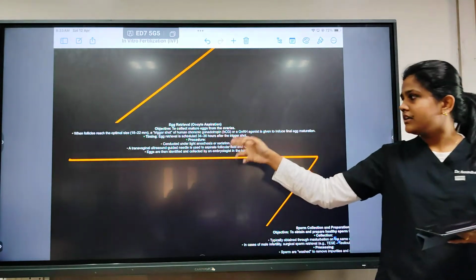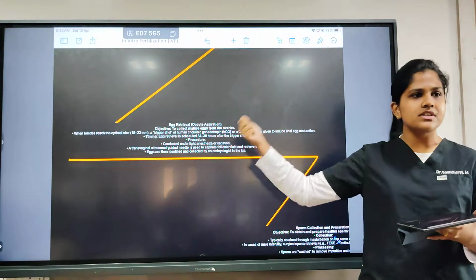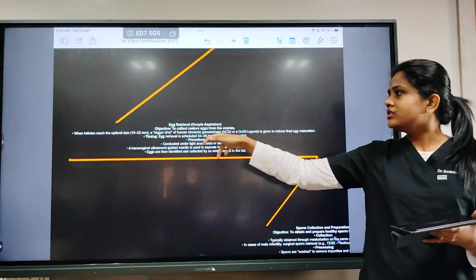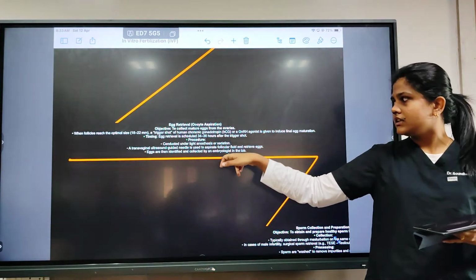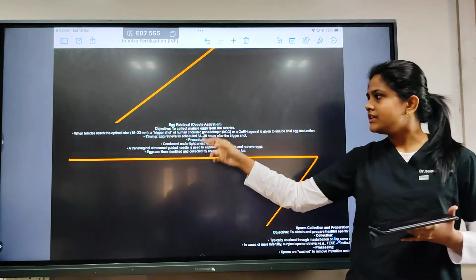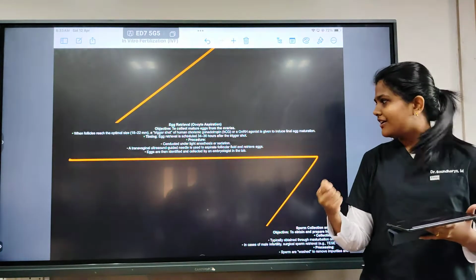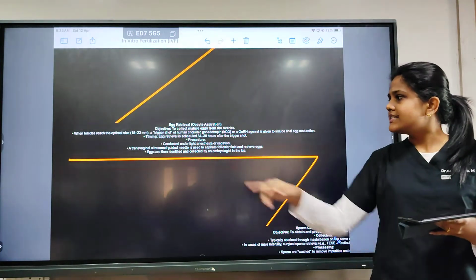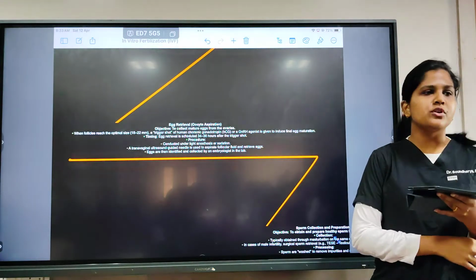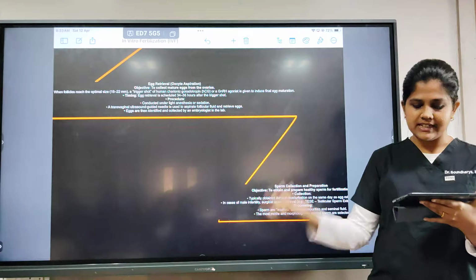Then the egg retrieval is scheduled 34 to 36 hours after the HCG trigger shot. The procedure is done under light anesthesia or sedation, and a transvaginal ultrasound-guided needle is used to aspirate the follicular fluid and retrieve eggs. Eggs are then identified and collected by an embryologist in the lab. Like this, the egg is perfect to go for the next step.